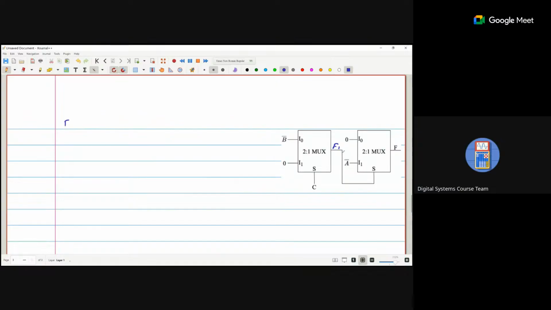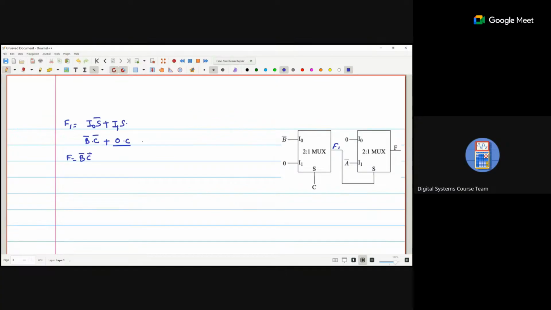What is the equation of F1? It is I0 S bar plus I1 S, the equation for a 2 cross 1 mux. Now we put the values of I0 and S. I1 is 0, S is C, plus I0 is B bar and S is C, so C bar. So this is 0, and F1 we are getting is B bar C bar.